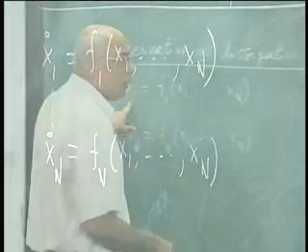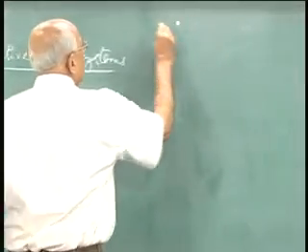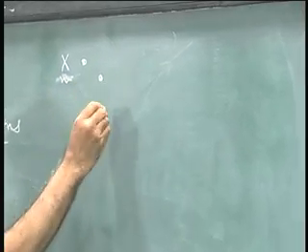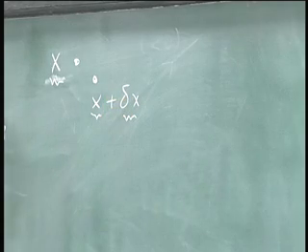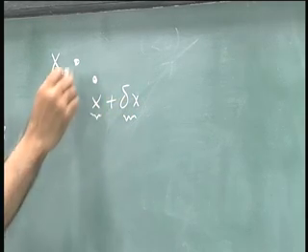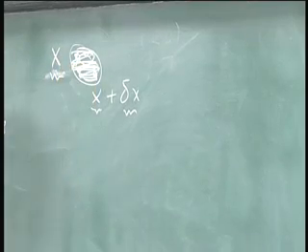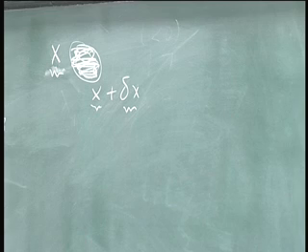So this is what x1 dot is at a given point x, and there could be a neighboring point here, let me call that x plus delta x, and I am interested in knowing what happens if you have a whole volume element here, what happens to this volume element as a function of time. Okay.